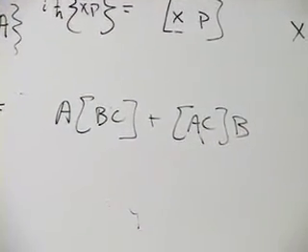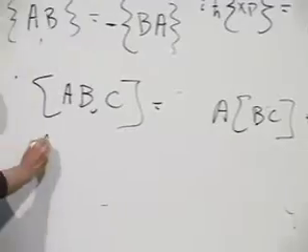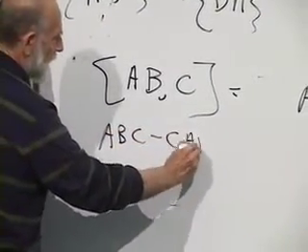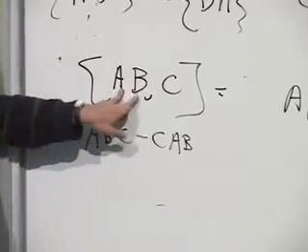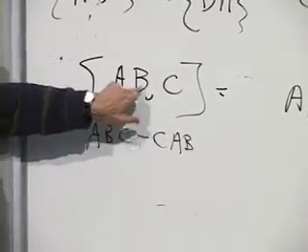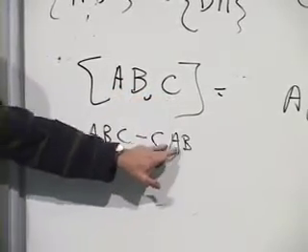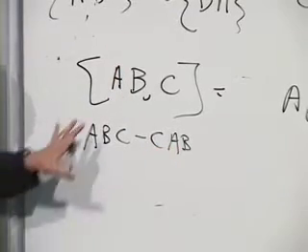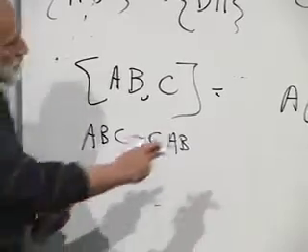Well, it's easy to find out. On the left side, we have ABC minus CAB. AB is a single entity, AB times C minus C times AB. Do I have it right? Yes. That's the commutator.